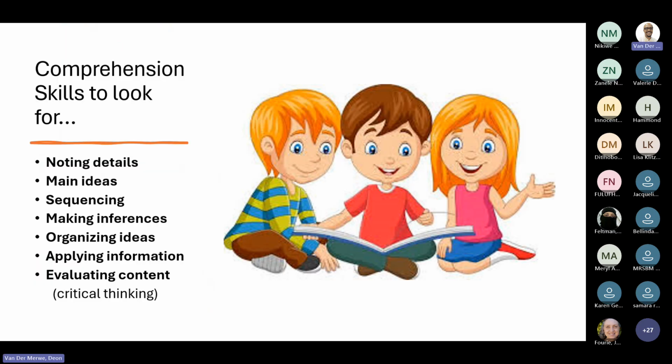And then also in terms of comprehension skills that can be taught, as assessors, apart from assessing the reading, a parallel approach to the assessment should be teaching perhaps comprehension skills as you are assessing.